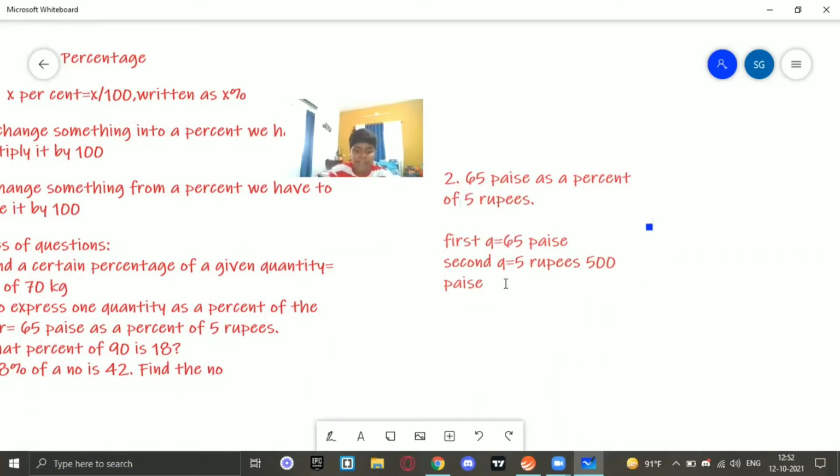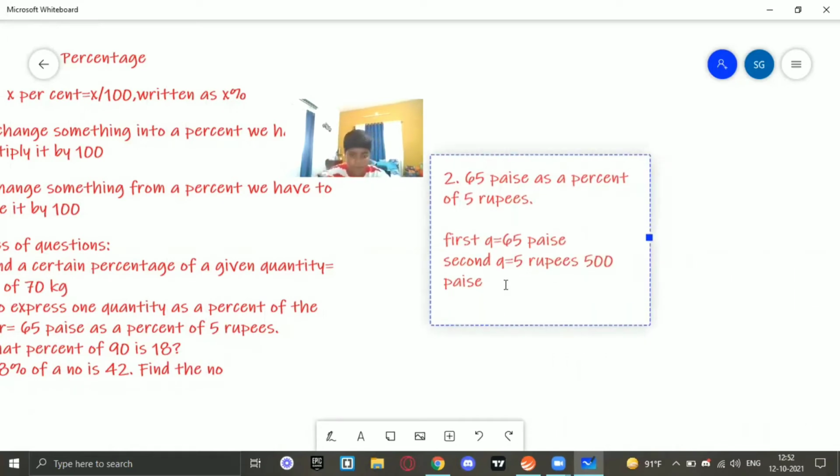So now let us solve it. Again, pause the video and solve it in your book. It will be first quantity upon second, that is 65 upon 500 times 100. This is the mathematical expression. Now when you multiply it, it will cancel, and then 5, and you will cancel it and you will get 13.